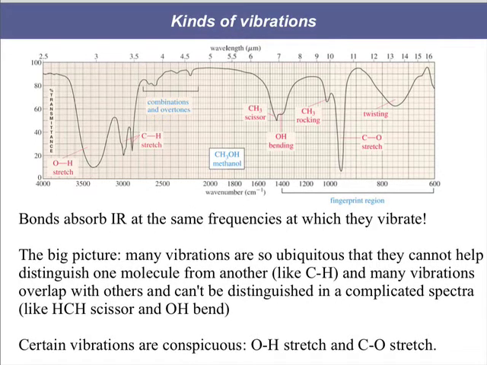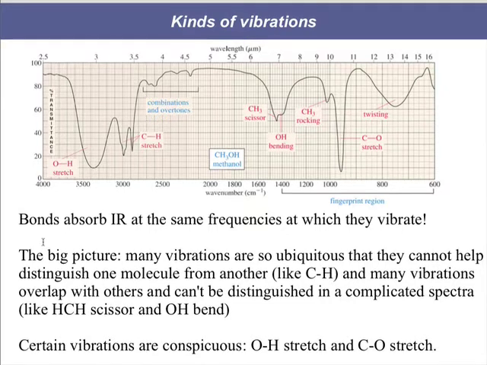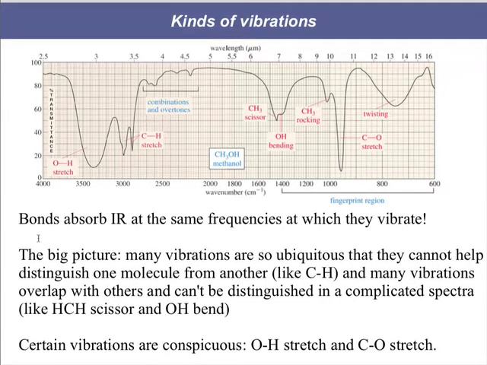Now, in the big picture of things, many vibrations on organic molecules are so ubiquitous, that means they are on almost every molecule, that they don't really have any way to help us distinguish one molecule from another. For example, the CH bending and stretching frequencies. Almost every organic molecule that we'll ever look at will have carbon-hydrogen bonds.